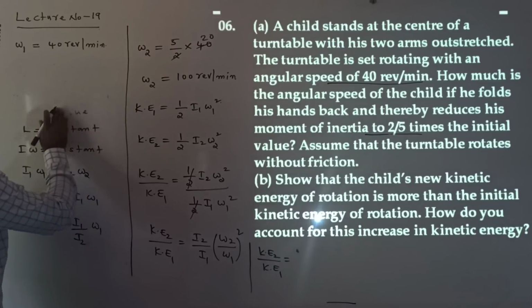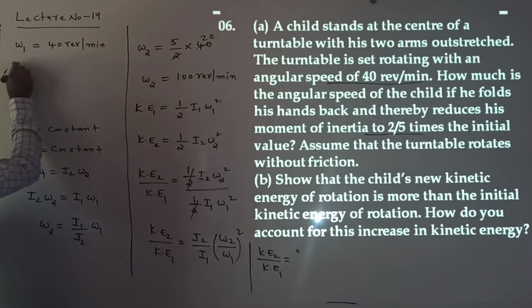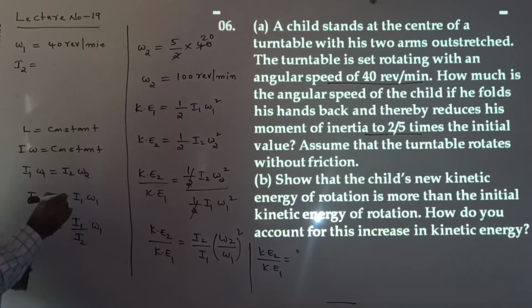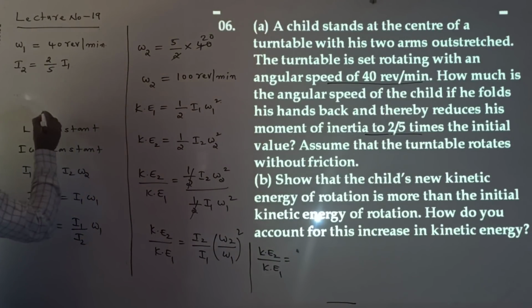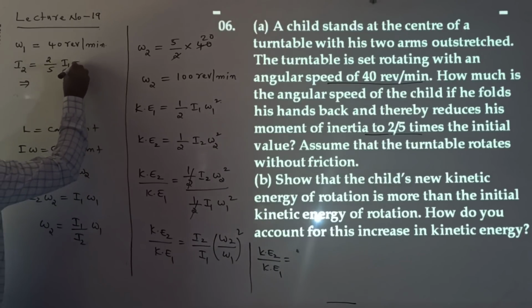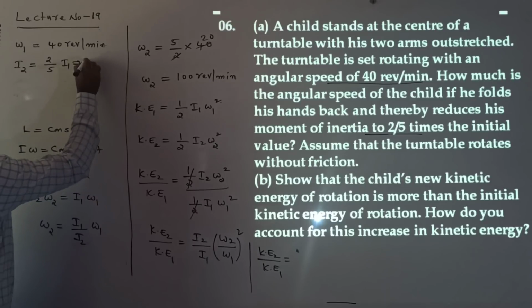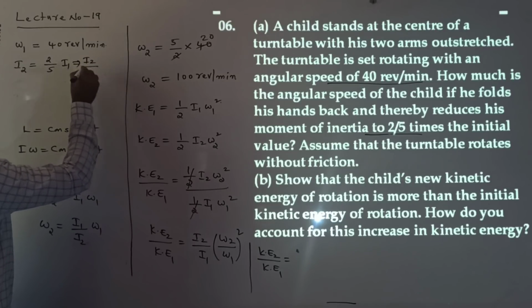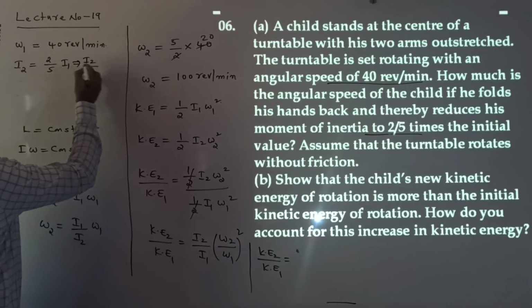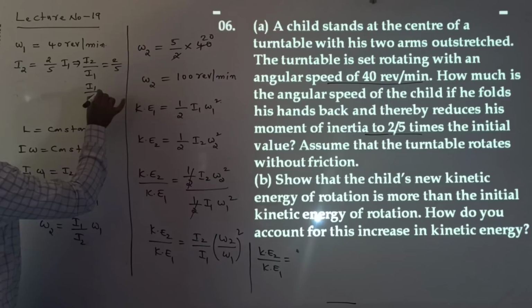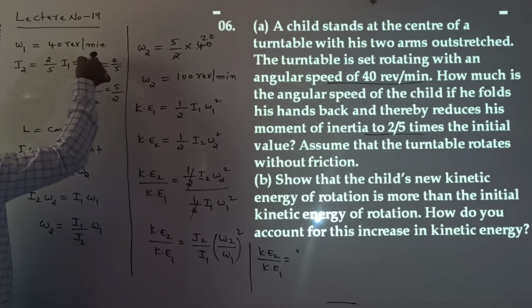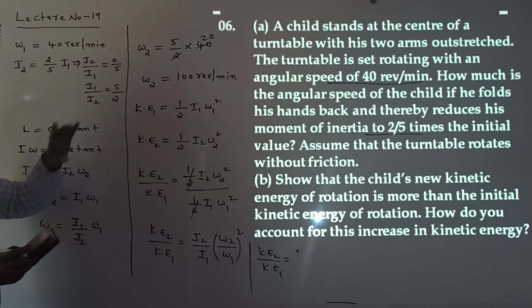The given condition is I2 is equal to 2 by 5 of I1. From this I first want to find I2 by I1. I2 by I1 is equal to 2 by 5, or the reciprocal, I1 by I2 is equal to 5 by 2.